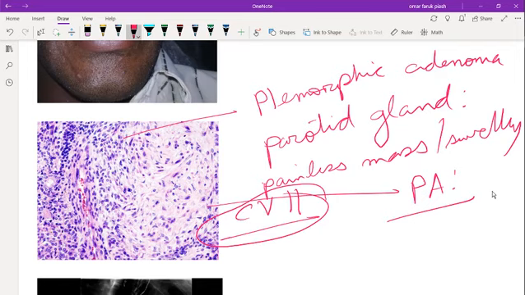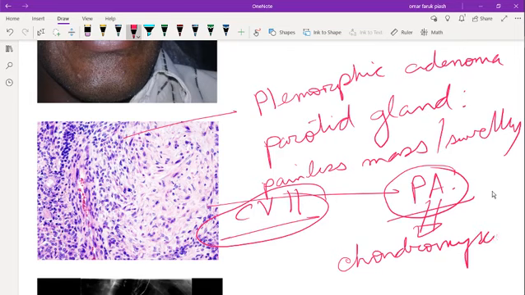So in pleomorphic adenoma, you have to remember the composition, chondromyxoid stroma, and that it can recur if it is not excised well, and it has malignant potential. It may undergo malignant transformation.